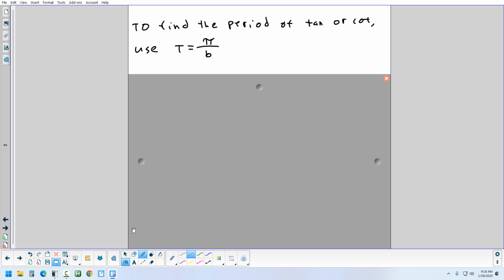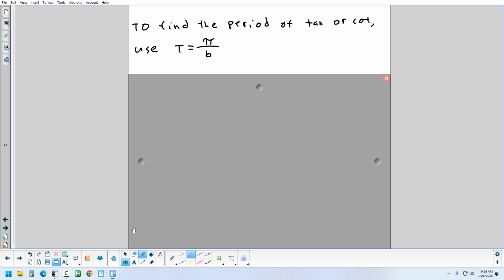Now I'm going to skip what's next because I think it'll make more sense if I do something else and then come back to it. But one thing that we want to be able to do is if I give you a trig function, I want you to be able to make a list of all the asymptotes, especially if you do a transformation.